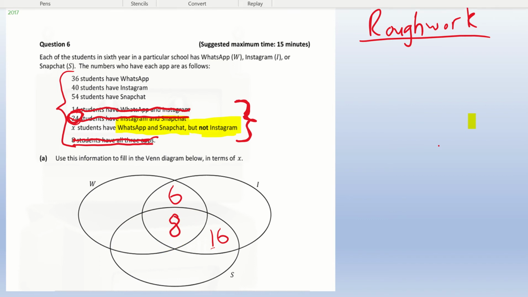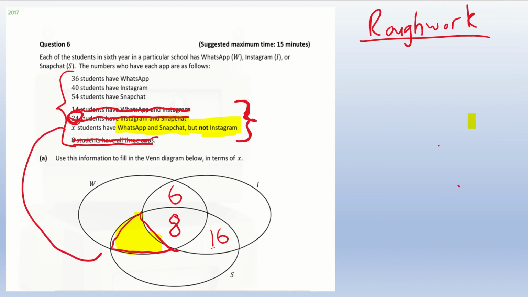So all we're going to be left with is this bit here. That highlighted bit signifies WhatsApp and Snapchat, but without the Instagram set. So just this bit here. So just be careful of the wording there. Make sure that your words match up to the part of the diagram that you're looking at.